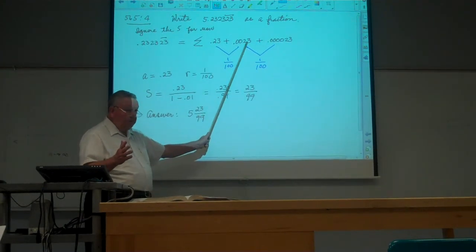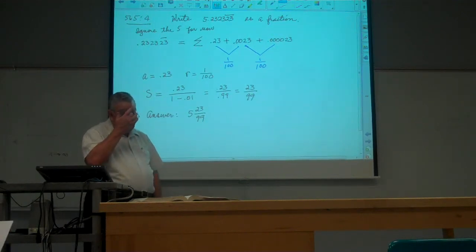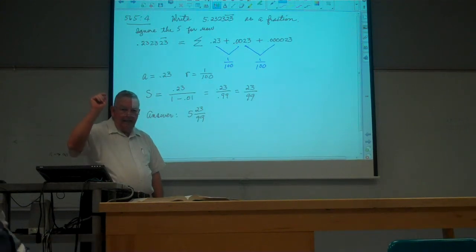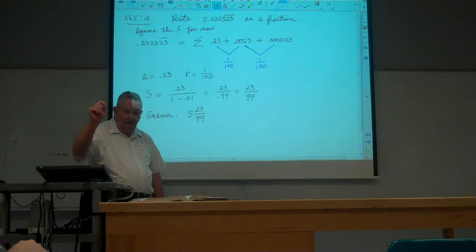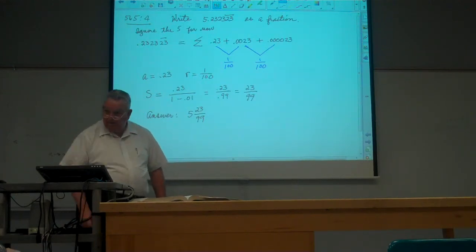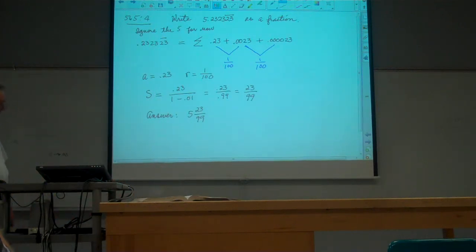What we were doing earlier when I added them was making a sequence of partial sums. And here we're just doing a series. So at the end, that's 5 plus 23/99, right? Yes. But isn't that 5 and 23/99? Isn't that what it is?